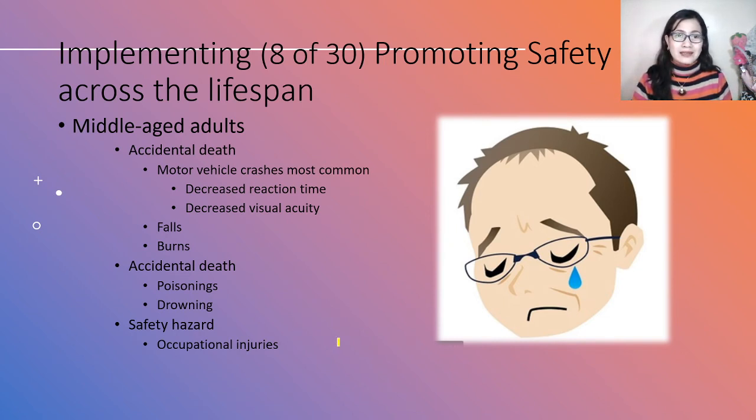Accidental death can be due to drowning, poisoning, or safety hazards for those working in hazardous areas or corporates. Take note of the importance of giving health teaching about prevention of occupational injuries.